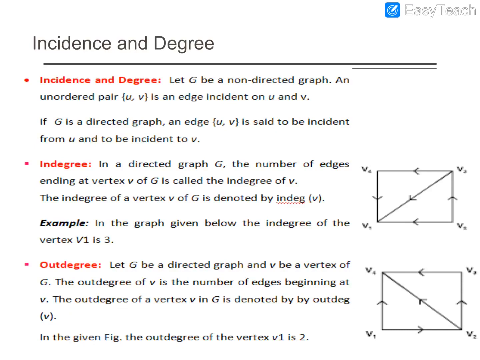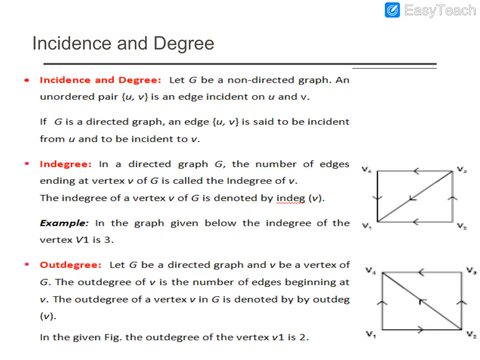So in the figure, the number of edges beginning at vertex V1 is 2, therefore its out degree is 2. Out degree of V2 is also 2. Out degree of V3 is 1 and out degree of V4 is 0. Now what is total degree?